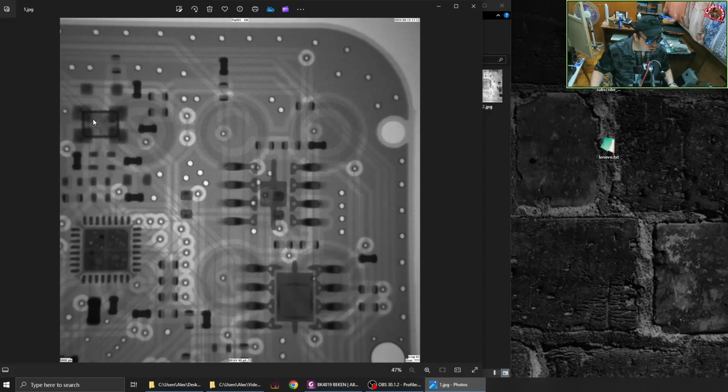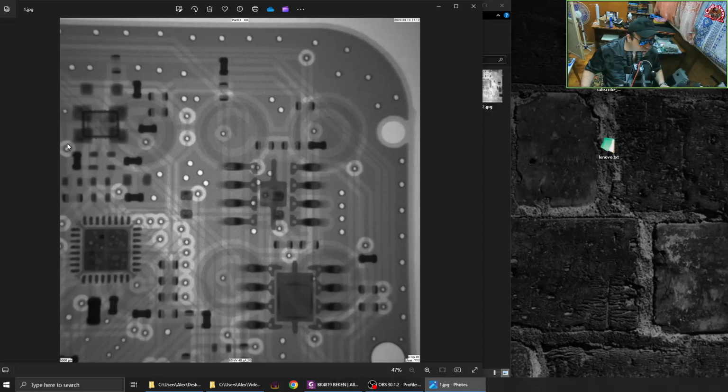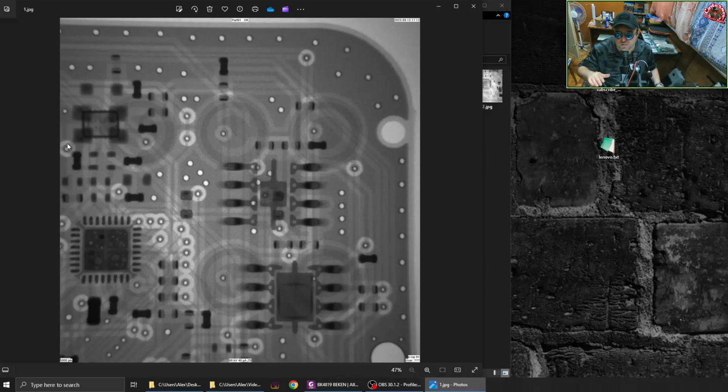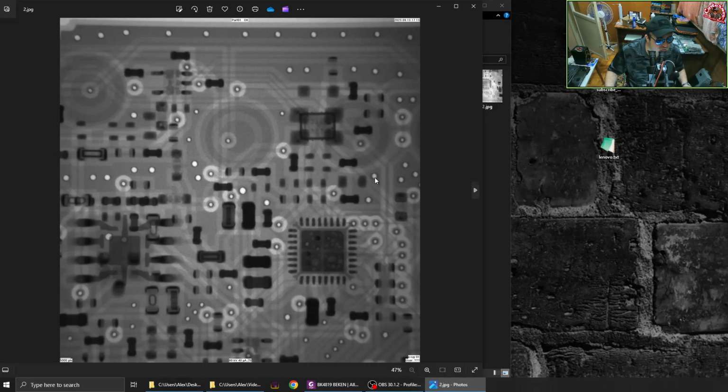So here is the oscillator, and the signal goes here, but I do not see. I'm looking for traces in between the board. I do not see any. Here is more.